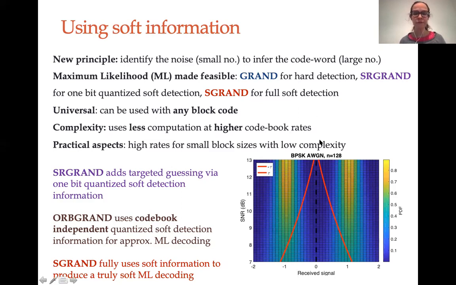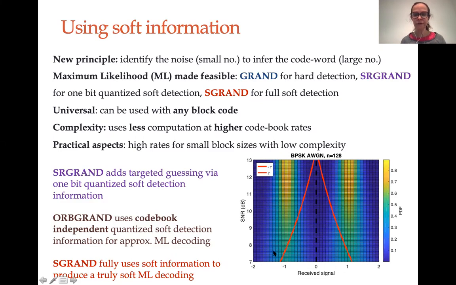So remember that what I'm doing here is I'm trying to take into account the actual noise behavior. Think of this as the signal to noise ratio, and here's the signal that you might receive, say a BPSK, ranging between -1 and +1.